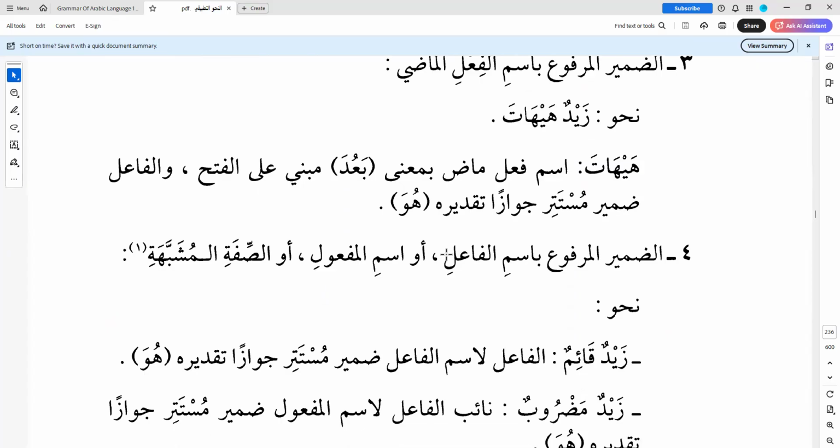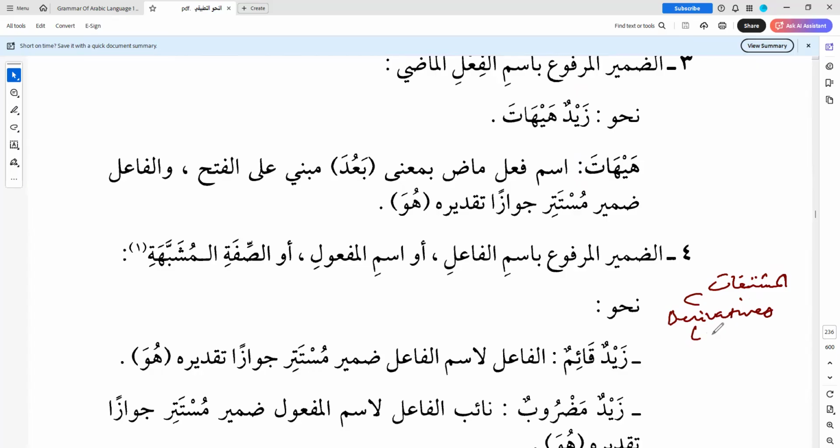And let's look at instance number 4. الضمير المرفوع باسم الفاعل أو اسم المفعول أو الصفة المشبهة. Now these are all mushtaqat. In some grammar books they call it mushtaqat, and mushtaqat basically means derivatives.